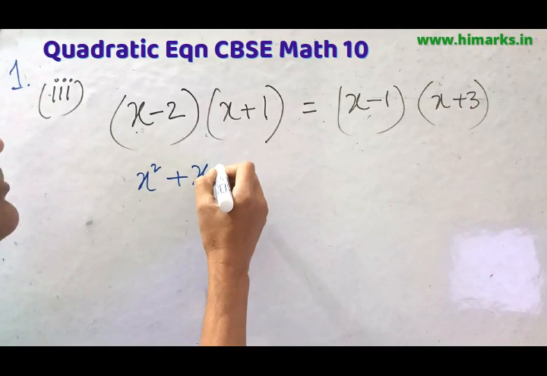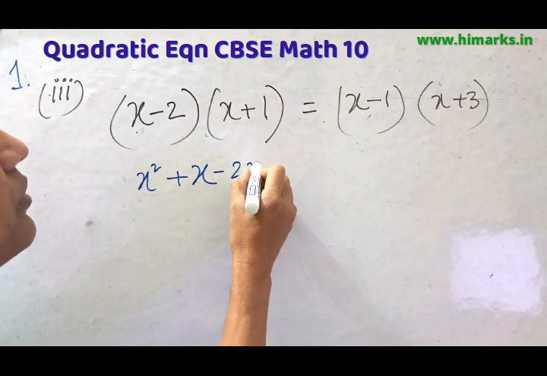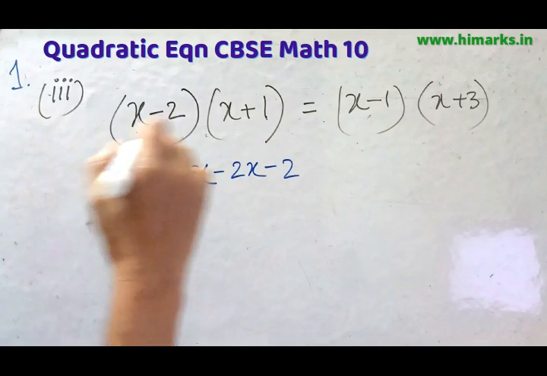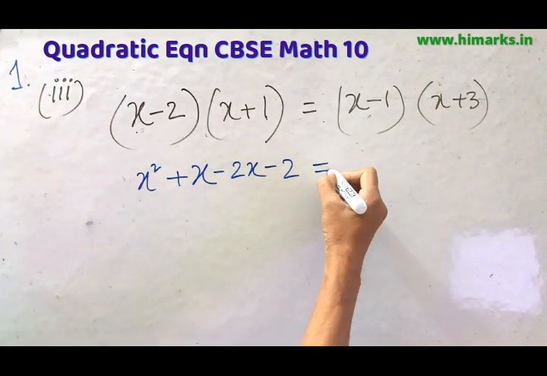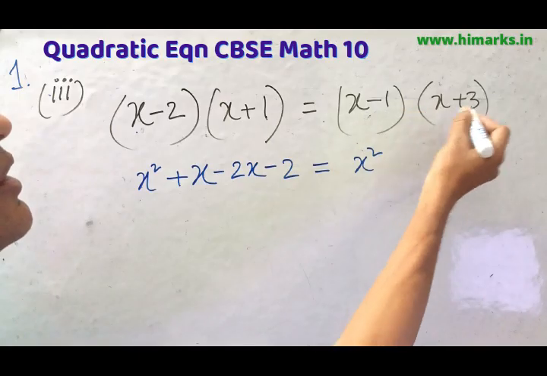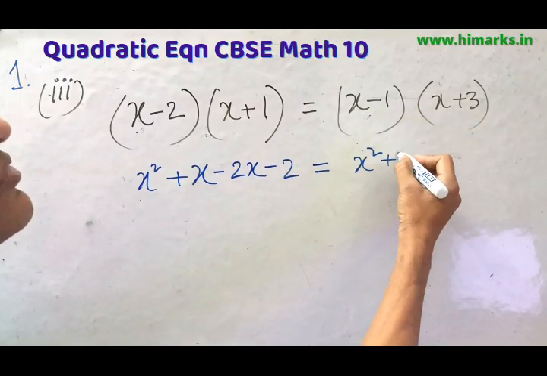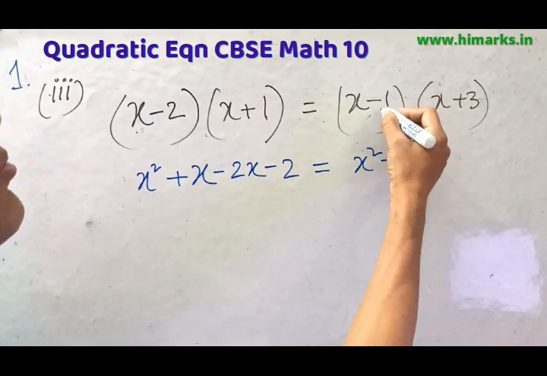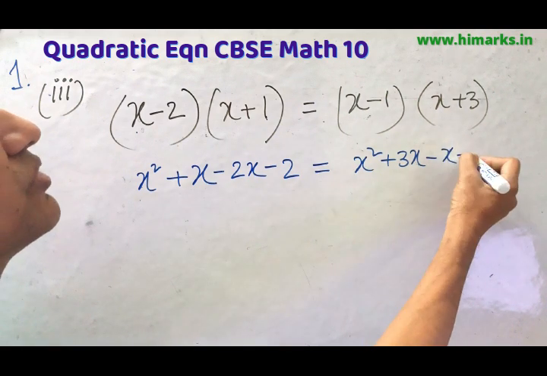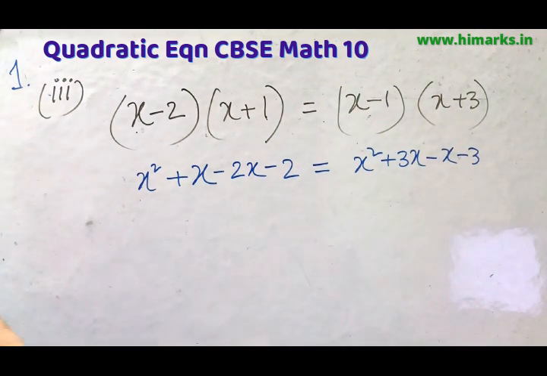Minus 2 and x, minus 2x. Minus 2 and plus 1 is minus 2. On the other side, x and x square, x and 3 is plus 3x, minus 1 and x is minus x, minus 1 and plus 3 is minus 3.